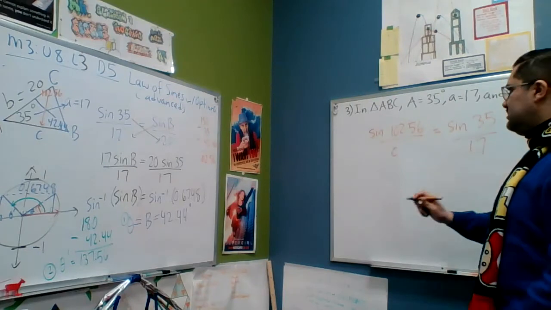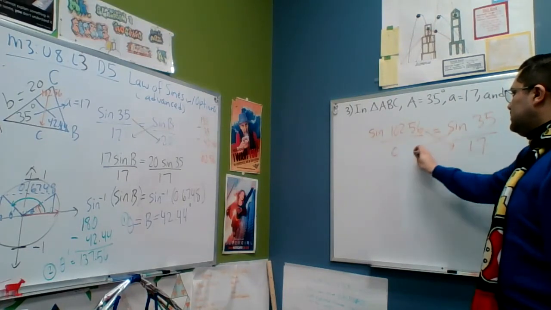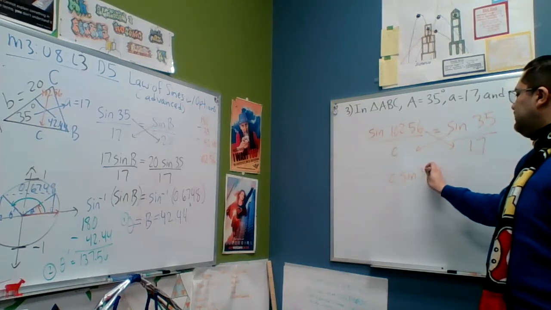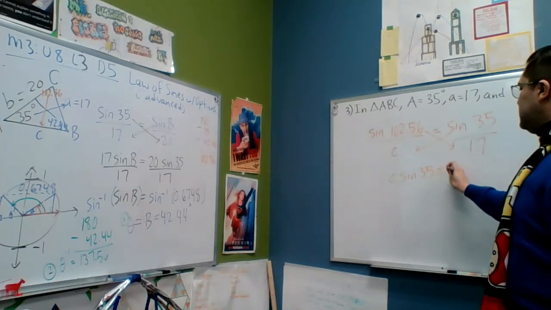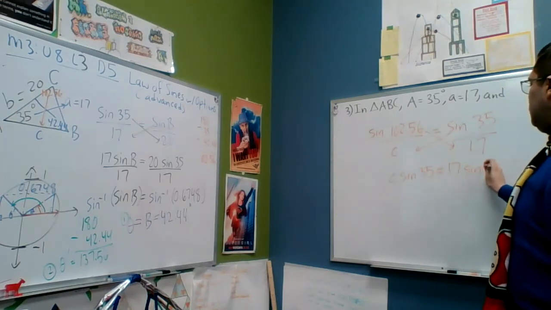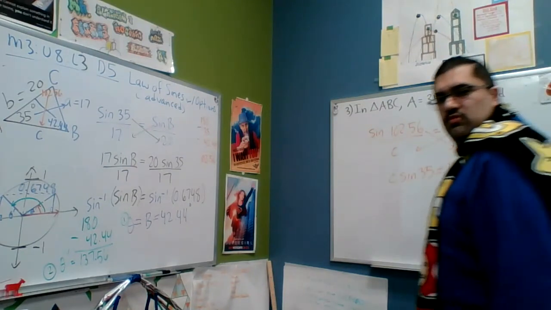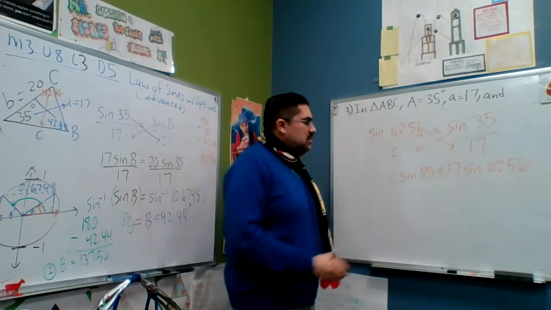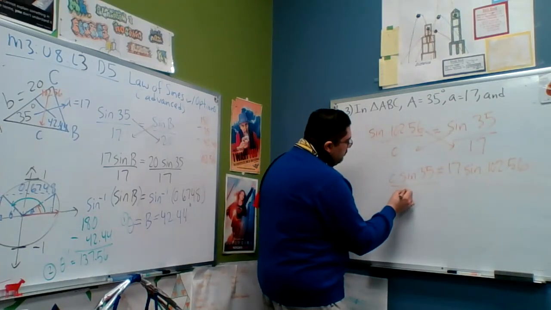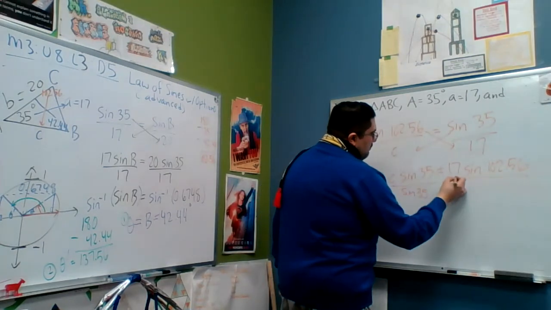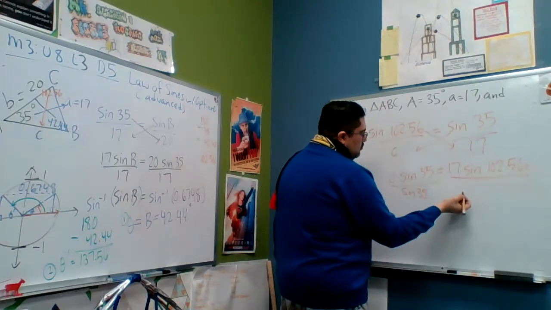We would still get a consistent answer with the rest of us. We cross multiply, we get c sine 35 equals 17 sine 102.56. Now move up this way so you can see all the stuff. We divide because sine 35 is some weird decimal that you get with a calculator.